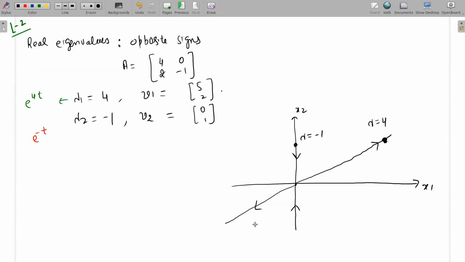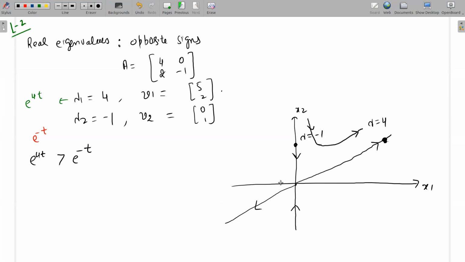Also we know that e to the power 4t will control everything as t increases. As time increases, e to the power 4t will be bigger than e to the power minus t. So a solution may start going in that direction, but after some time, it will go in the e to the power 4t direction.